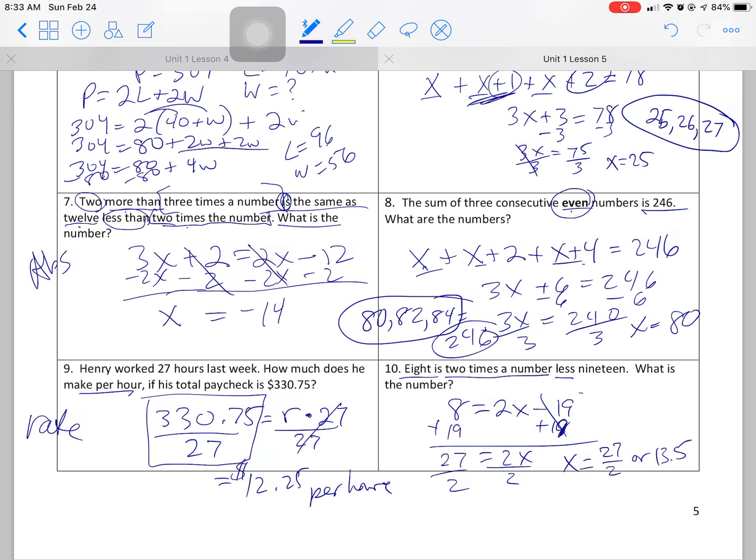I think for this one I would take a decimal, but it doesn't matter. That's what it comes out to be. 8 is 2 times a number less 19, not less than. So it's in the order. 2 times the number is before the 19.